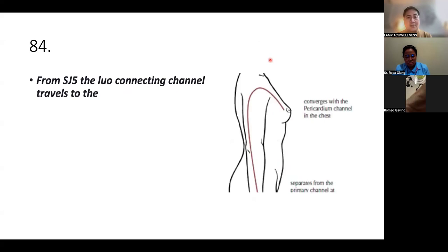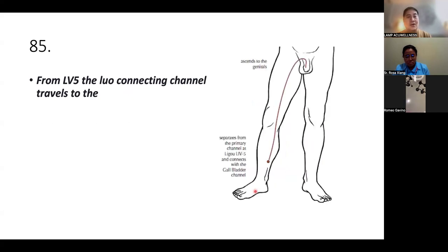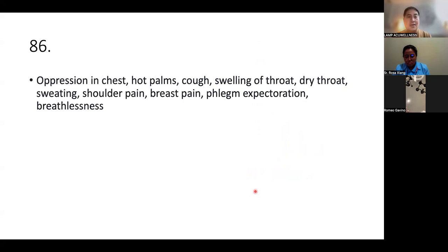From SJ5, the loop connecting channel travels to the PC channel at the chest. From Liver 5, the loop connecting channel travels to the genitals. Yes.